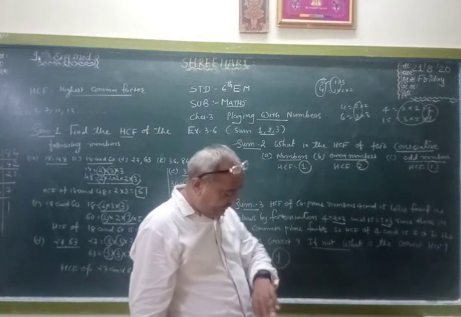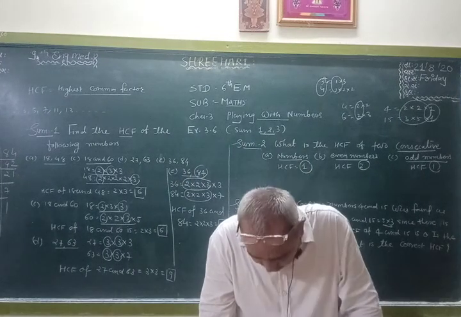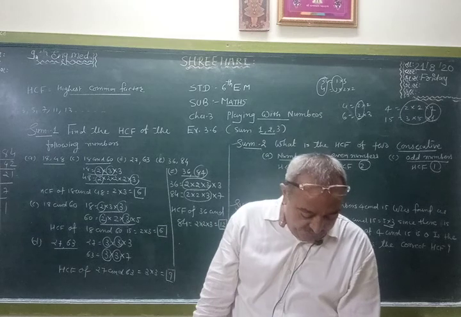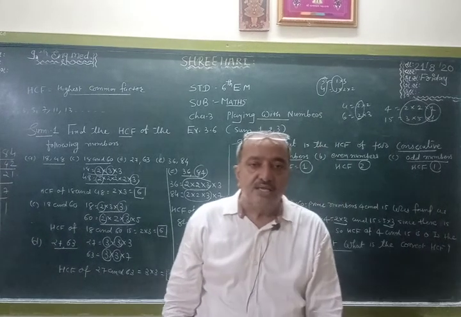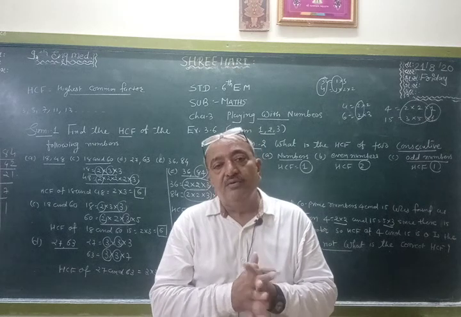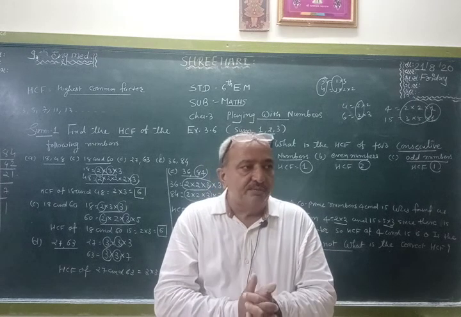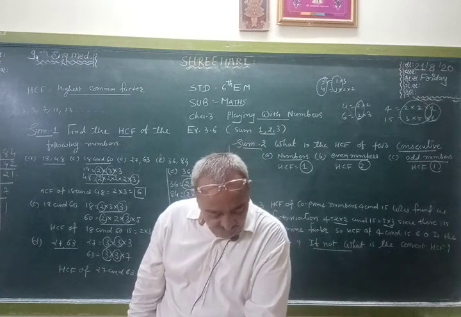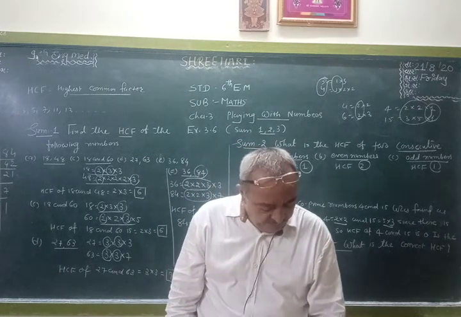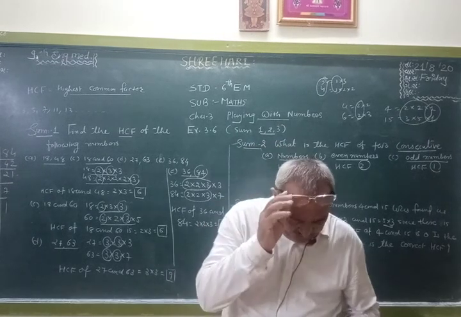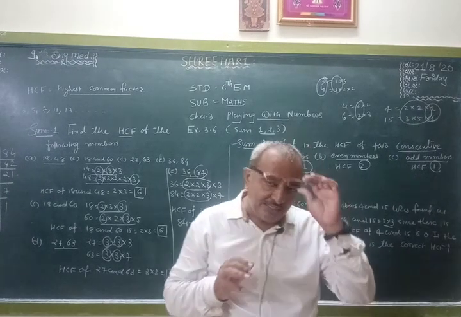So friends, today we studied the HCF and we completed exercise 3.6. In the next period we will study LCM, least common multiple, and then this chapter will be over, but we have one exercise remaining and it is 3.7 about LCM.